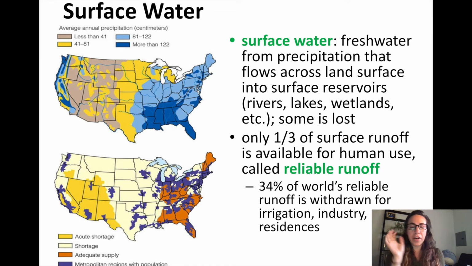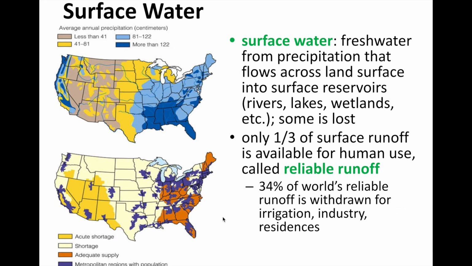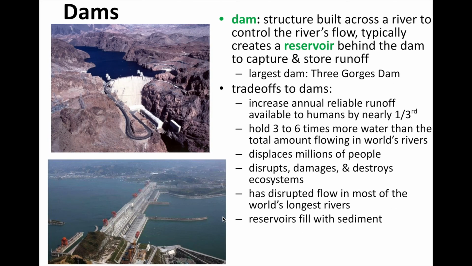So the amount of reliable runoff is not evenly distributed across the United States and certainly not evenly distributed across the world. How do we capture what we have and keep it there and allow it to be a resource?